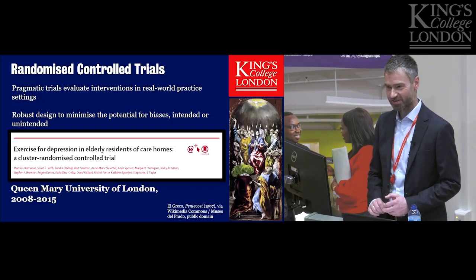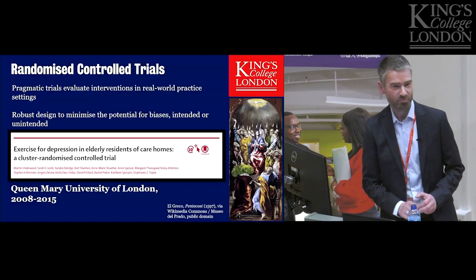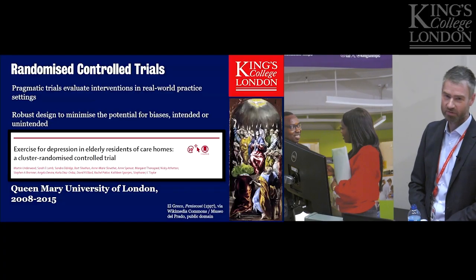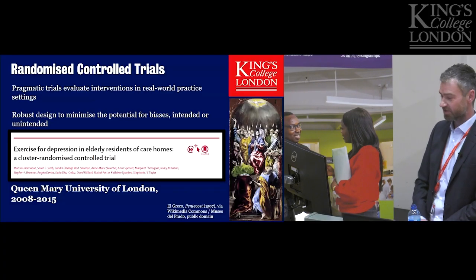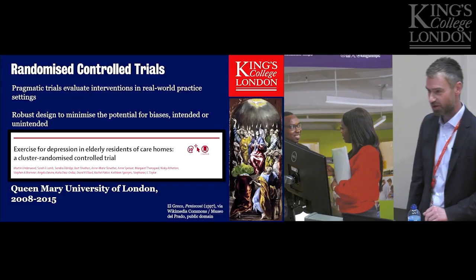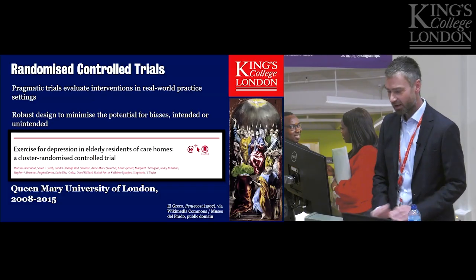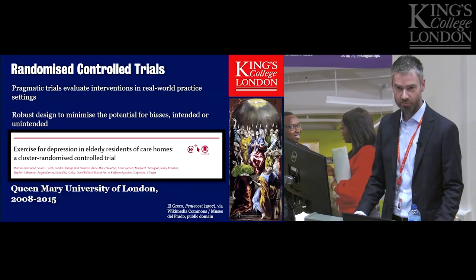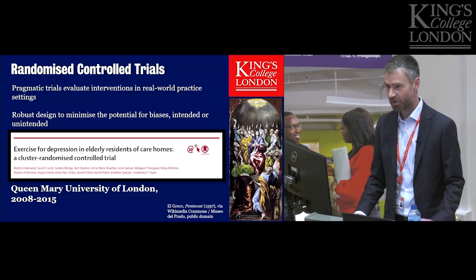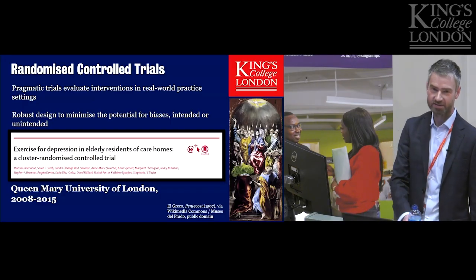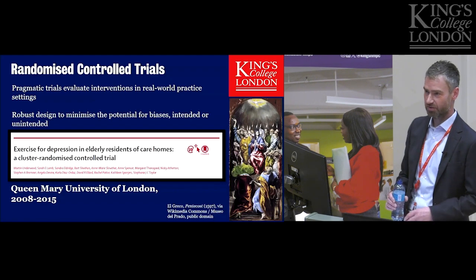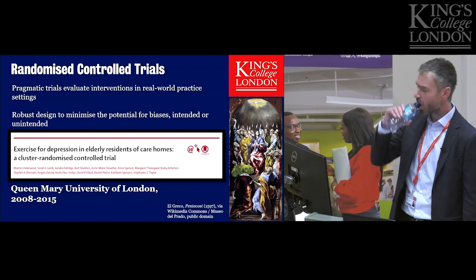OPERA was a pragmatic trial of a physiotherapist-led exercise intervention for depression in elderly care home residents. This was a cluster randomised trial where homes rather than individuals are randomised, and homes deliver the intervention or continue as usual.